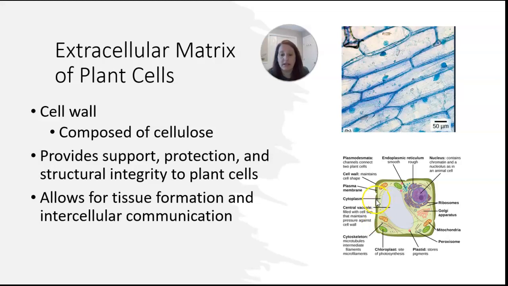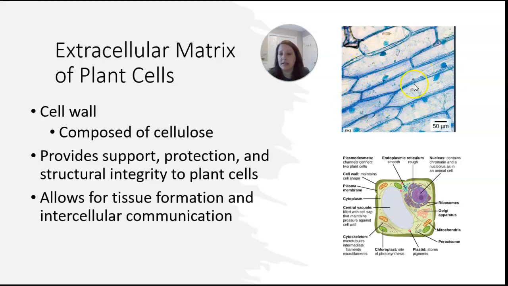Okay, so again, the extracellular matrix, what comes outside of that plasma membrane in plant cells, is going to be the cell wall. And again, it's made mostly of cellulose. Here is a nice light micrograph. You may actually remember seeing this in the lab when you made the onion temporary preparation. This is what it probably looked like.